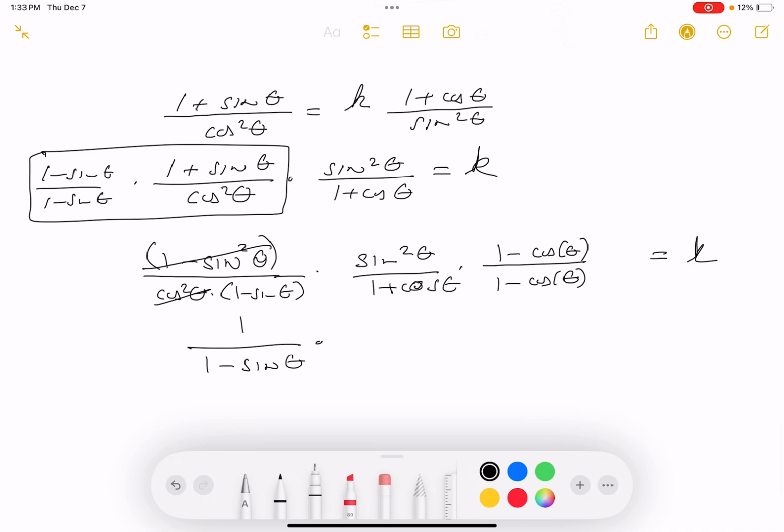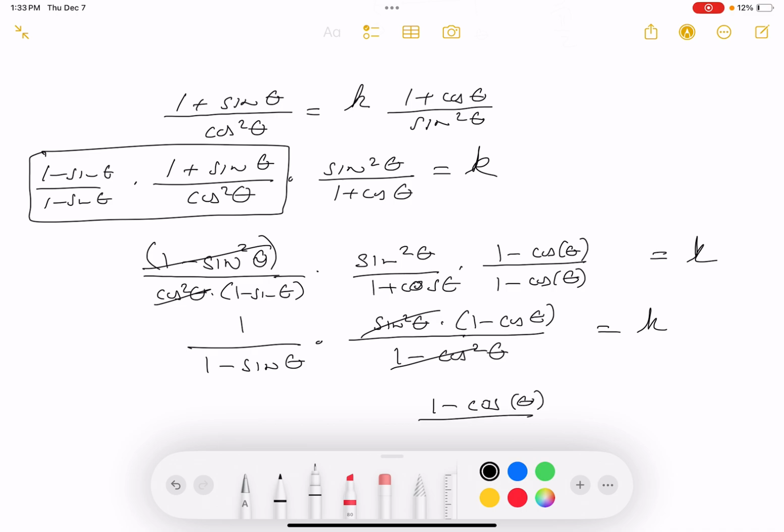And over here, you're going to get sine squared times 1 minus cosine theta, equal to k. On bottom, you get 1 minus cosine squared theta, which is the same thing as sine squared theta, so these cancel off. So we're left with 1 minus cosine theta over 1 minus sine theta equals k.